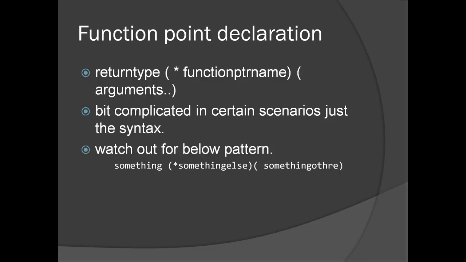This is the general syntax for function pointer. We have already seen this. The return type, in the previous case it was int, then an open parenthesis, then this star, then the name of the function pointer. The name should come here, and then the parenthesis is closing. Then the arguments here.